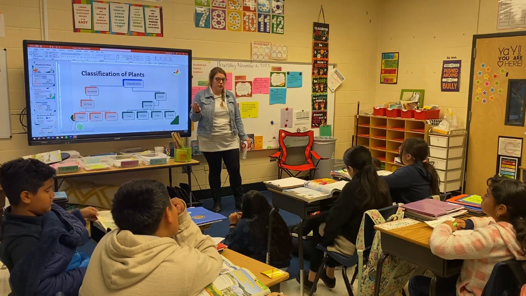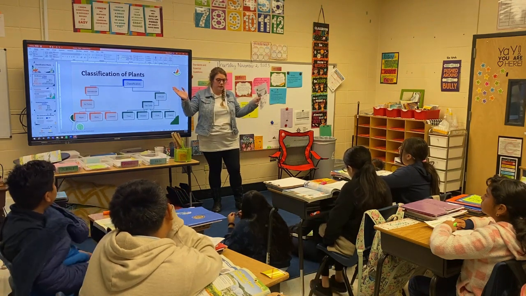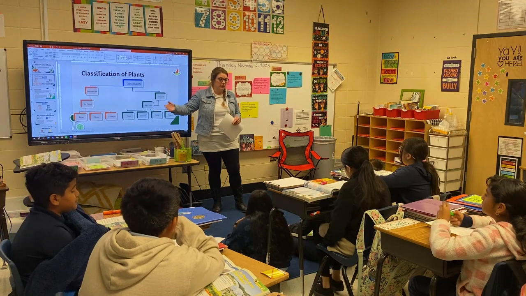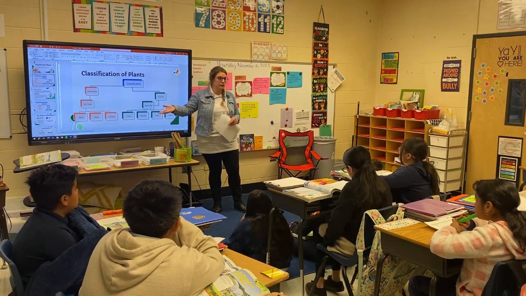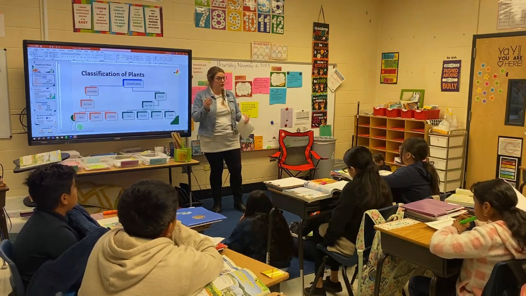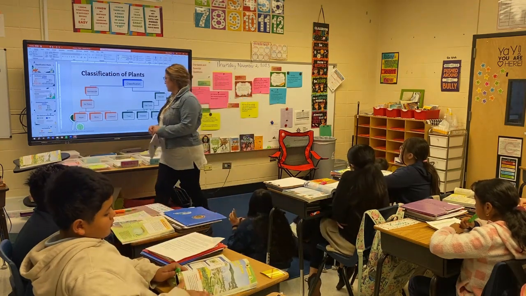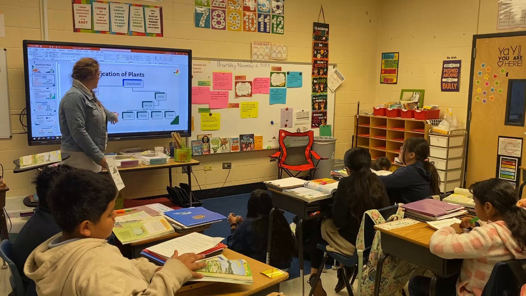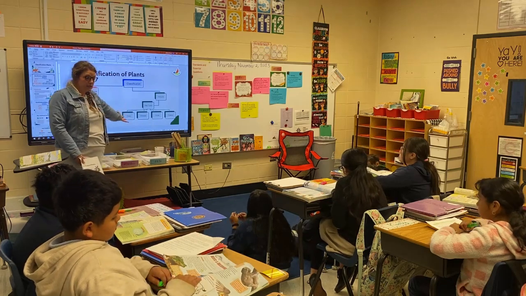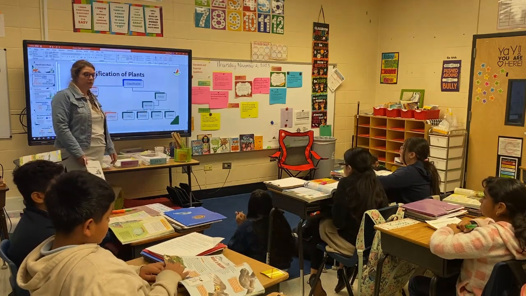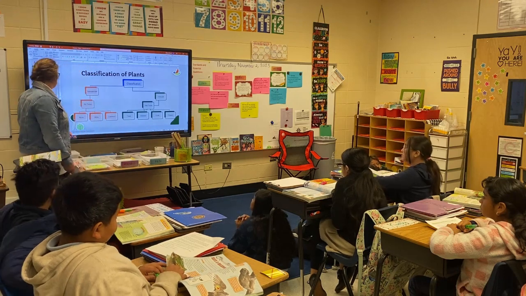And if we're talking about a tree, it would be the trunk to the branches and then to the leaves and whatever else that particular tree is growing, whether it be a fruit tree. All right, some examples of vascular plants are trees, grass, fruits, and some flowers. That's just a few examples.